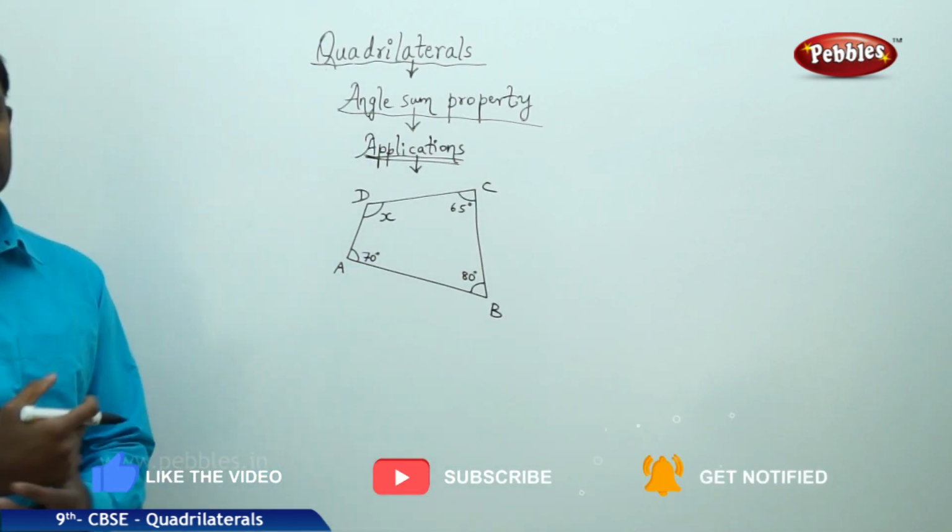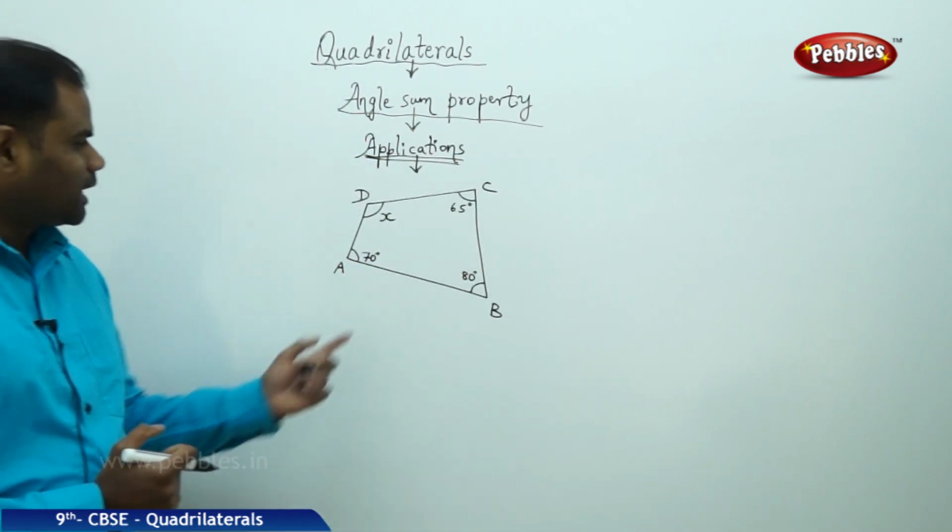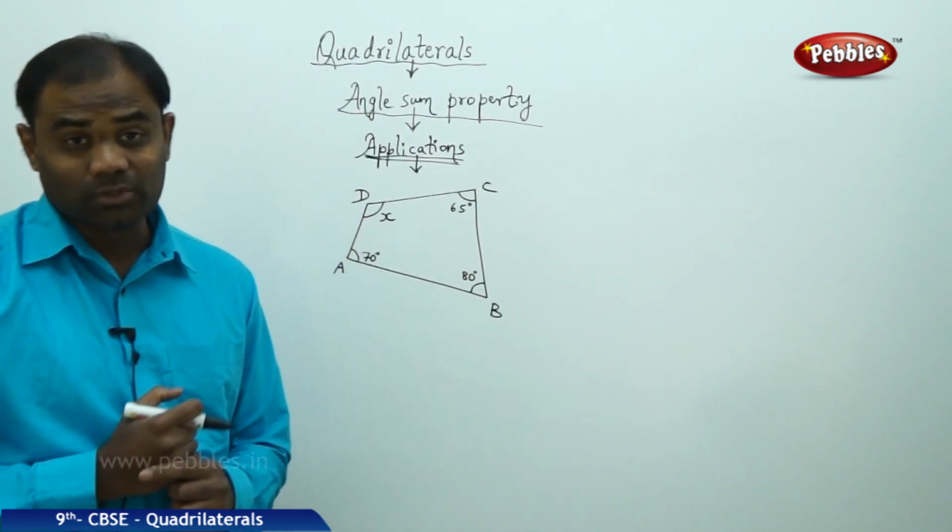This is X. So I know three of the angles, but I want to find the fourth angle.